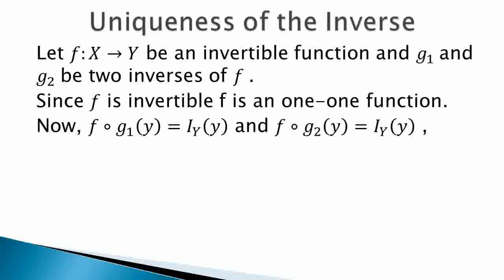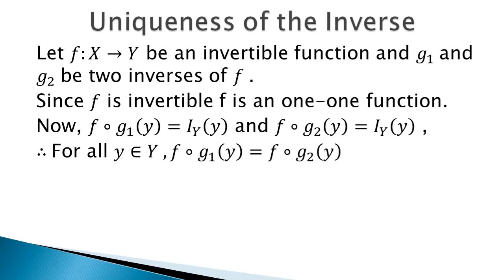And since the right hand sides of these two equations are same, therefore the left hand sides must also be same. That means for all y from the codomain of f, f of z1 is equal to f of z2, and by definition we can write it in this way: f of z1(y) is equal to f of z2(y).